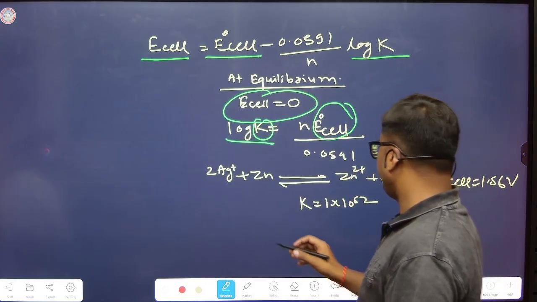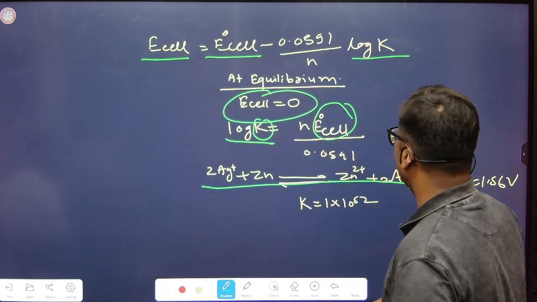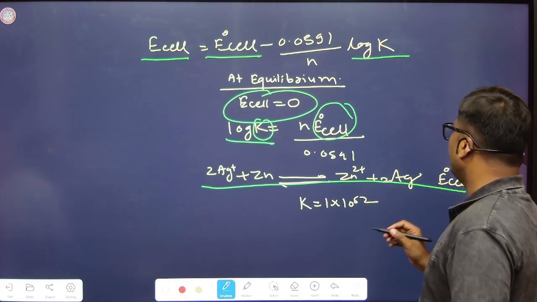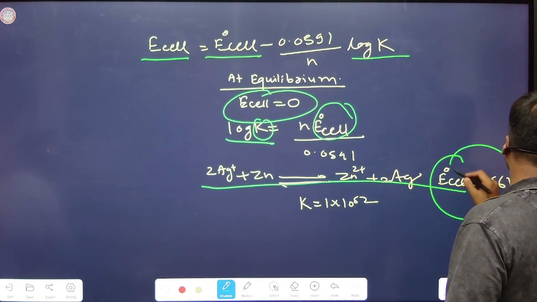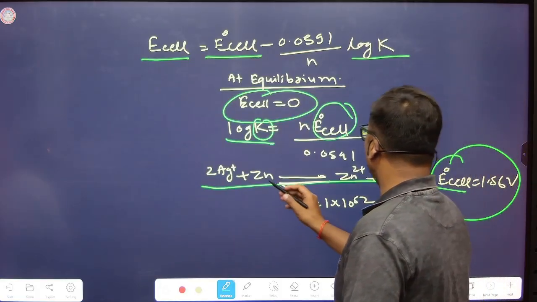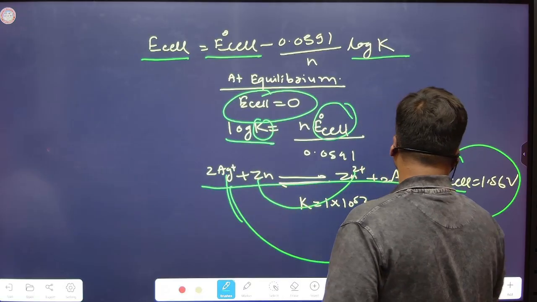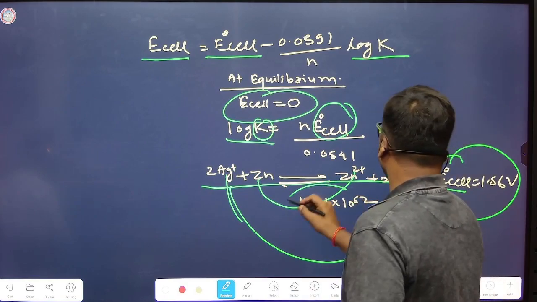Now what do you mean by this equation? Here the standard state cell potential is 1.56 volt for this reaction. It means Zn is oxidized and silver is reduced in this equation, and the K value is very high, right?